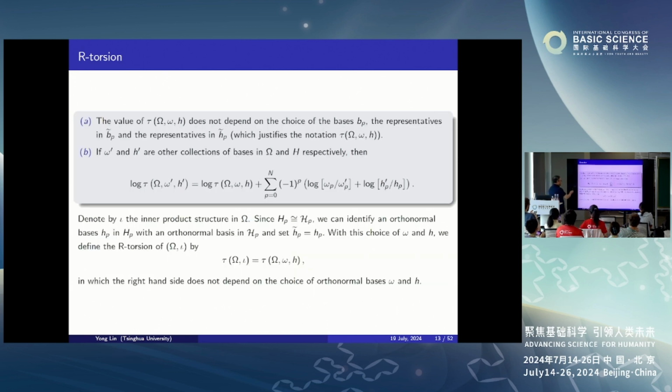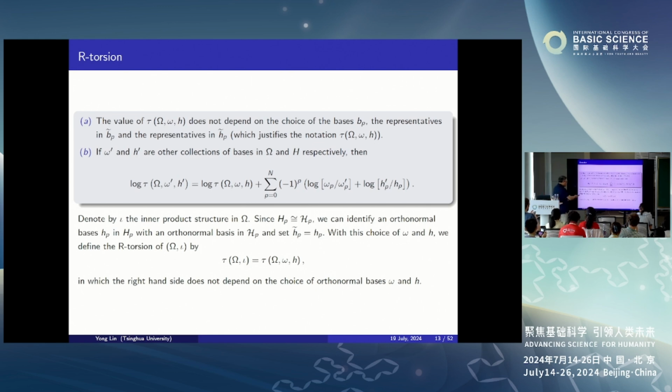But if you choose a different omega and h, if you choose omega prime and h prime which are also bases in omega and h, then you can prove this formula. Given that iota is the inner product structure in omega, we can choose these bases as orthonormal bases.